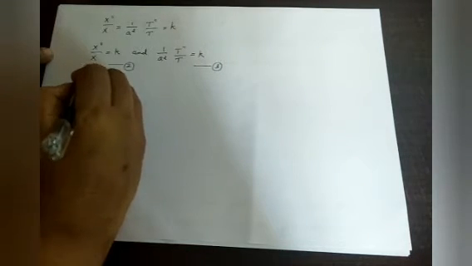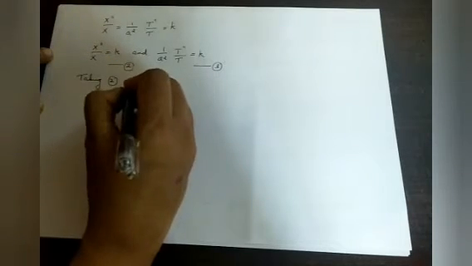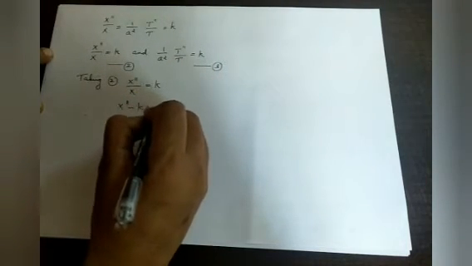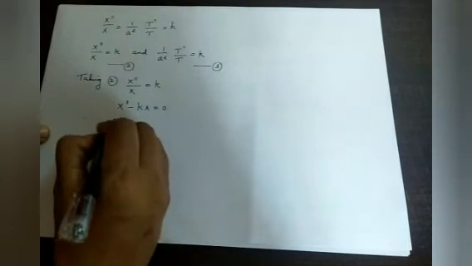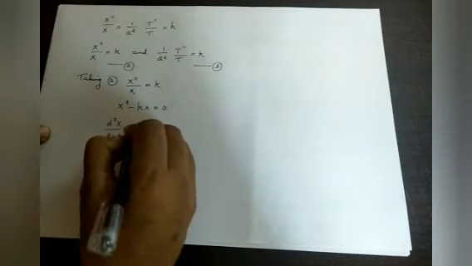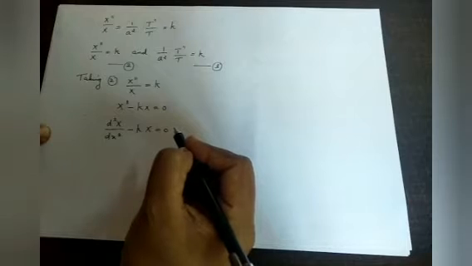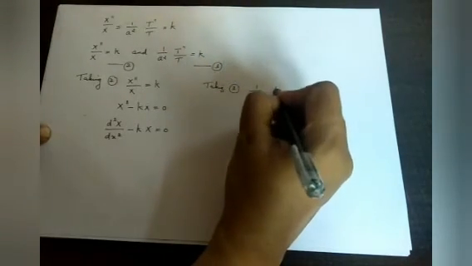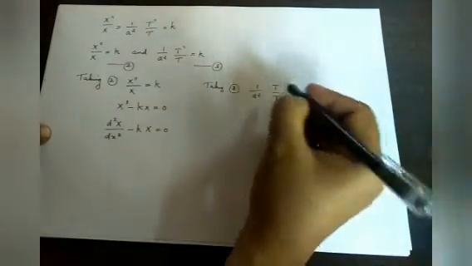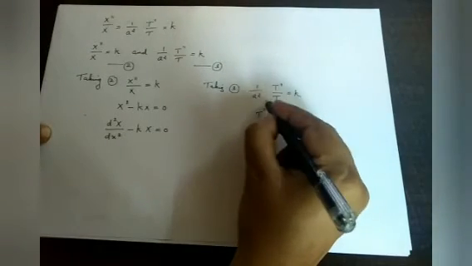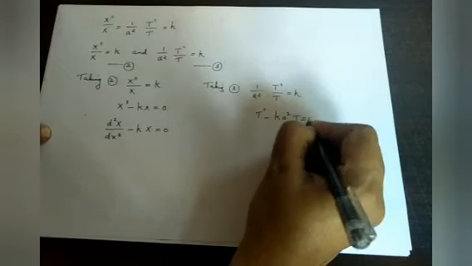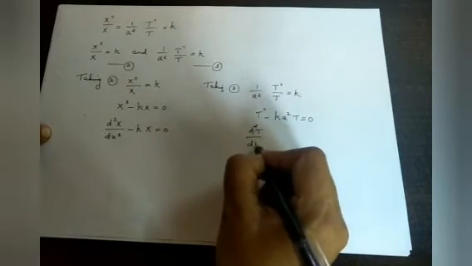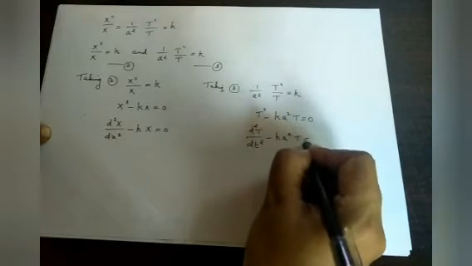First of all, taking equation number 2, here we have X''/X = k, or X'' − kX = 0, or this can be written as d²X/dx² − kX = 0. Now taking 3, we have (1/a²) T''/T = k, or cross multiplying, T'' − k a² T = 0, or d²T/dt² − k a² T = 0.